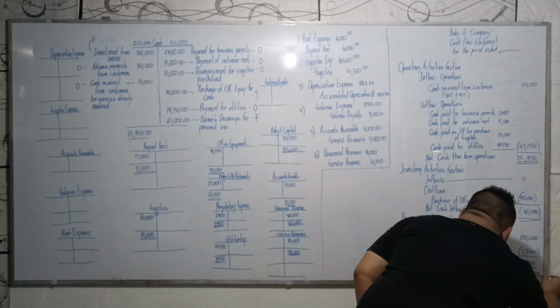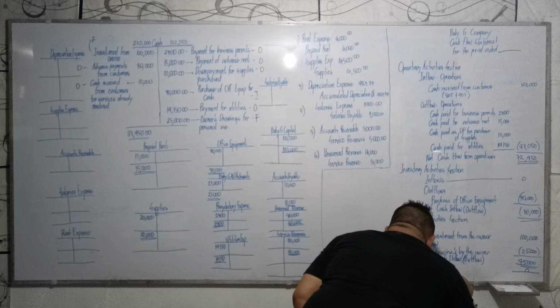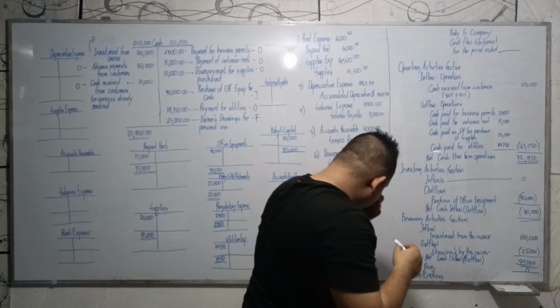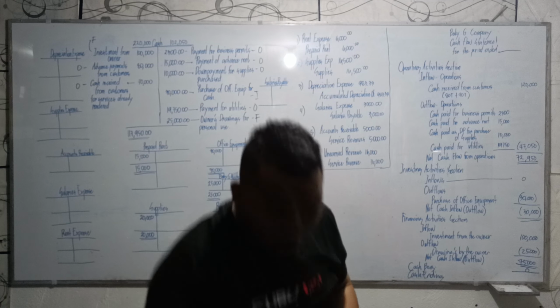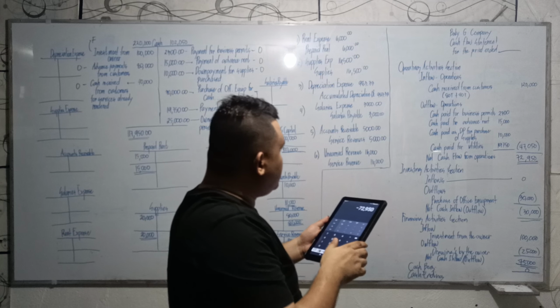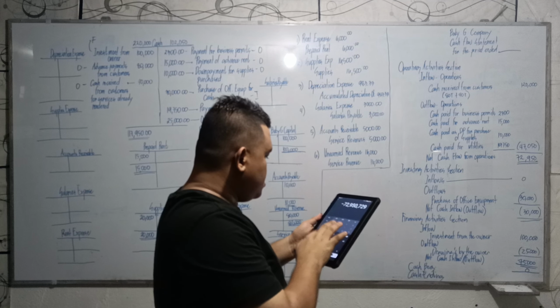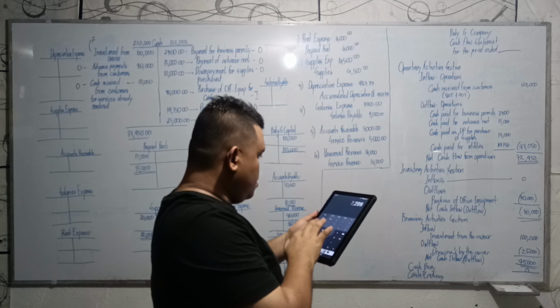And we will have the cash ending balance already. I'm sorry, I did not predict that it's longer. Cash ending. So the cash ending is just the net cash flow from operating activities, which is 72,950.